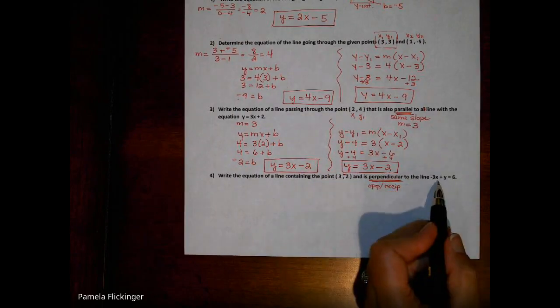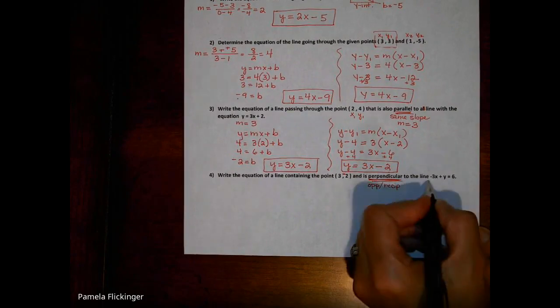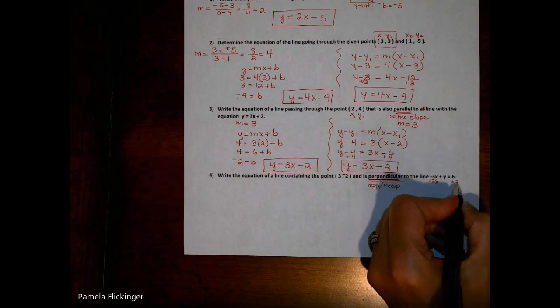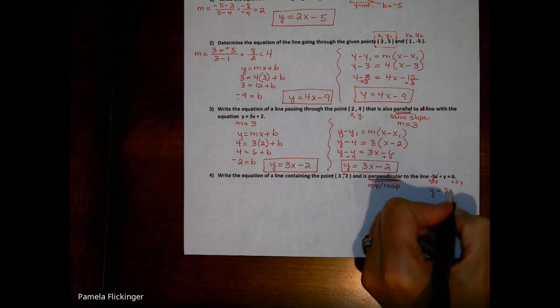Now notice this equation is not in y equals form. So let's do that. Let's get y all by itself. We're going to add 3x over, and we get y equals 3x plus 6.